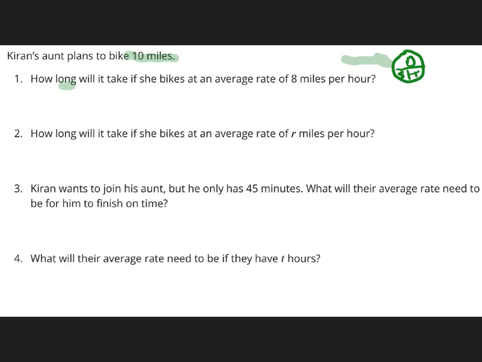We're looking for time. So time is distance over the speed. Our distance is 10, our speed is 8, and we get 1.25. And time is measured in hours. So that's our time, hours.